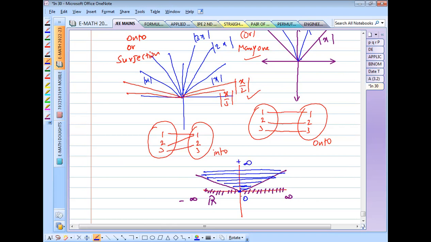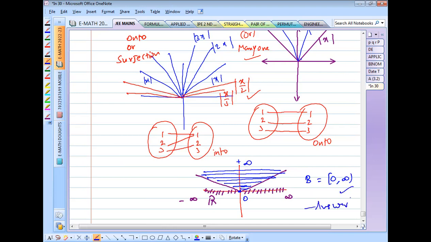It can be accessed from 0 to plus infinity. He says this function is onto, or surjection. So B should be closed 0 to open infinity. That was the set B. So this was the answer, closed 0 to infinity.